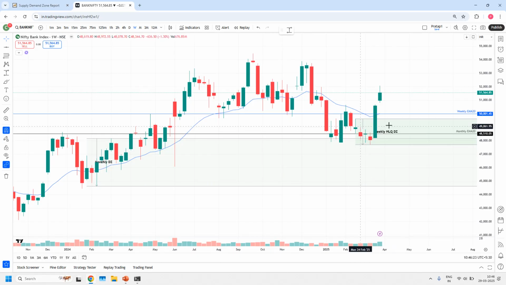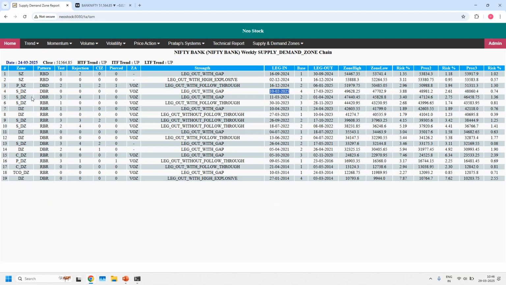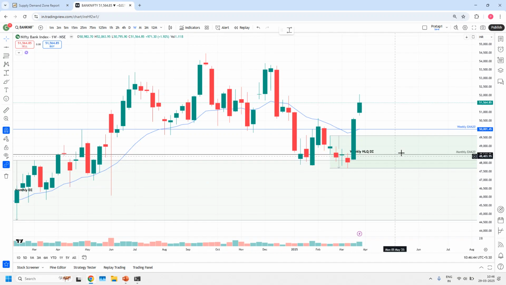So these are some observations you can make from weekly, but we should also draw the weekly supply zone. Here we have a rally base drop. But here we have a pierced supply zone, which our software identified. What is that? 16/12/2024, 2 base candles. This is the one.